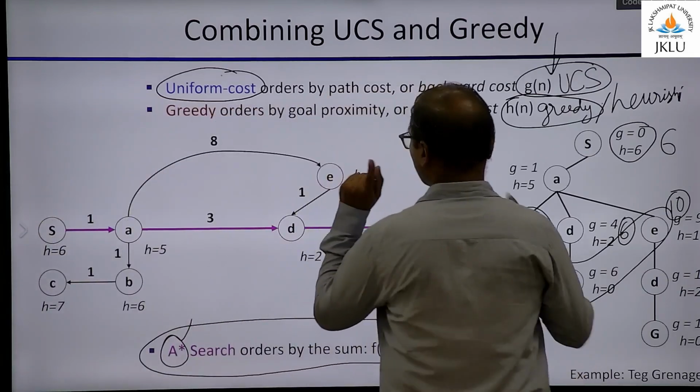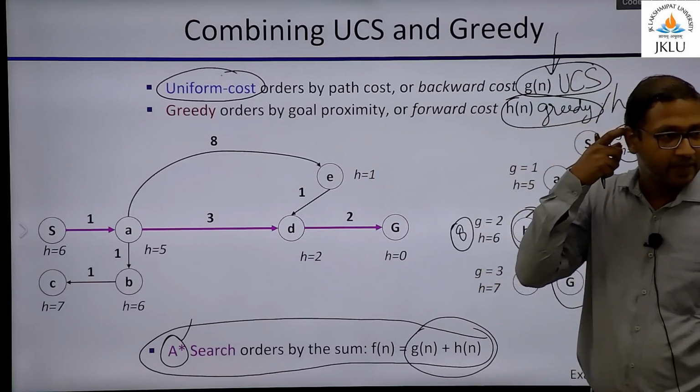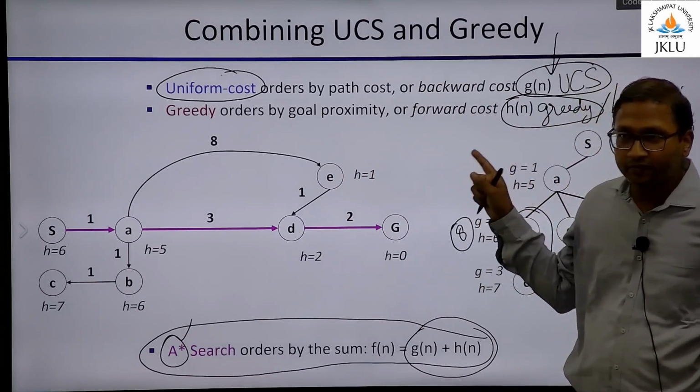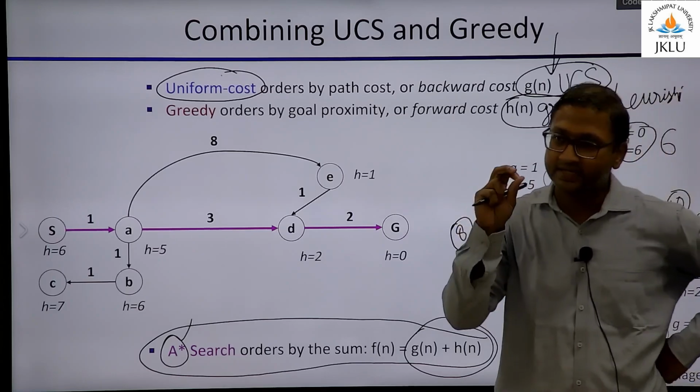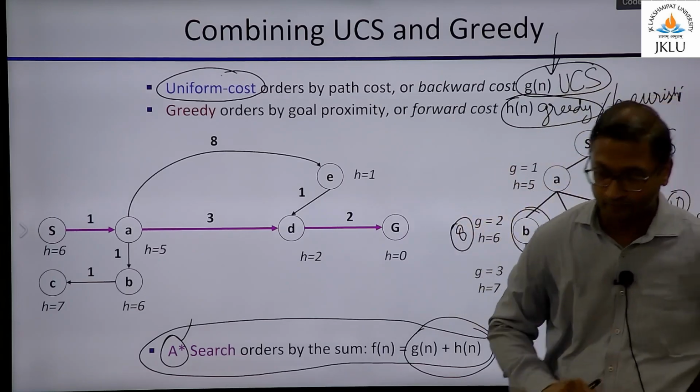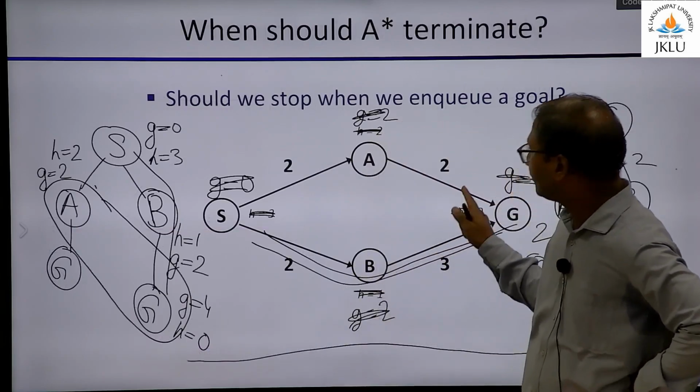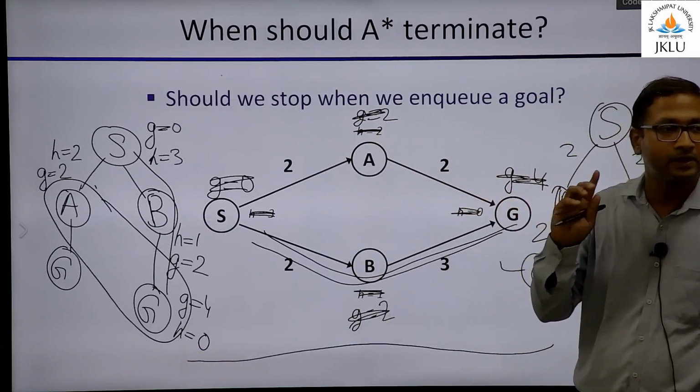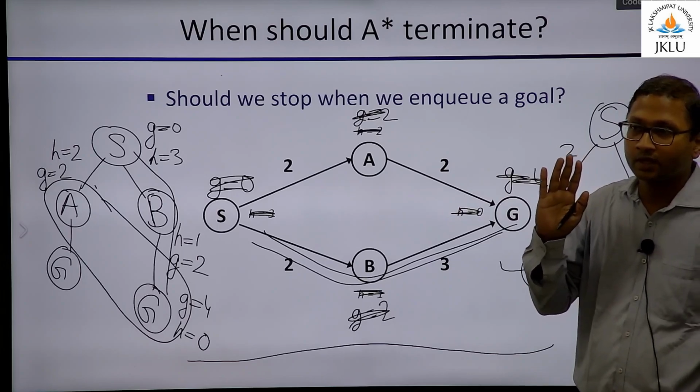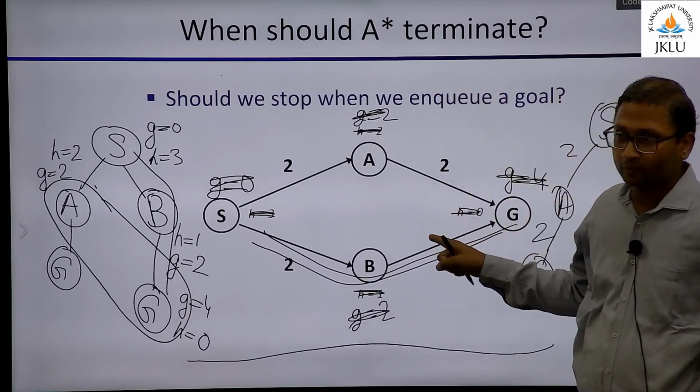So what was this slide about? Let me just recap. What did we learn from this slide? That A star works, okay? And then from this slide we learned that it's not as straightforward, there are problems, okay?